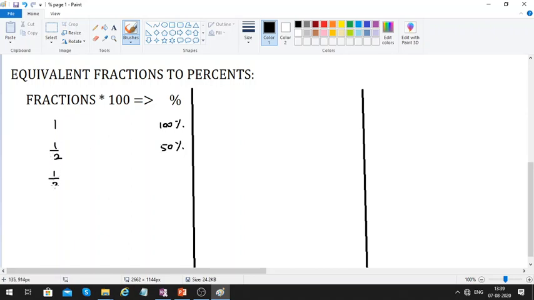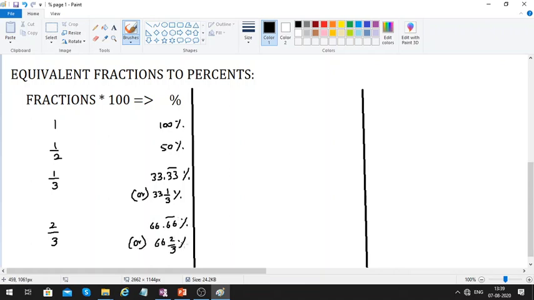In the same way, 1 by 3 into 100 gives you 33.33%, where the bar represents that it is recurring, 33.333 and it goes on. This will be mentioned in questions as 33 1 by 3% in mixed fraction form. Same way, if you multiply by 2, you get 2 by 3 as 66.66% or 66 2 by 3%.